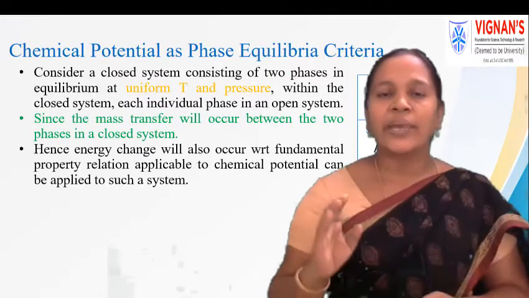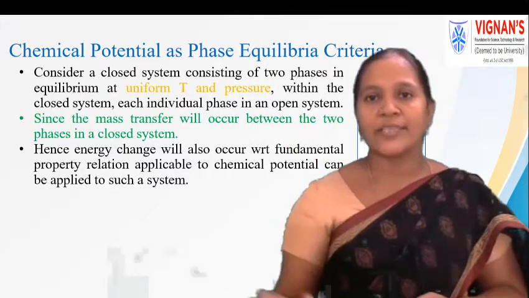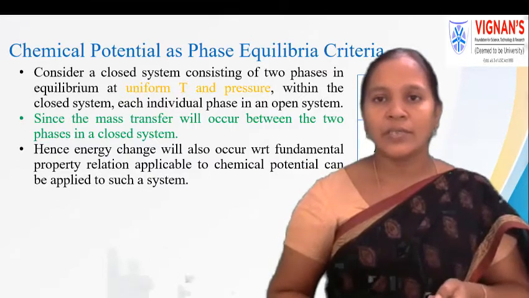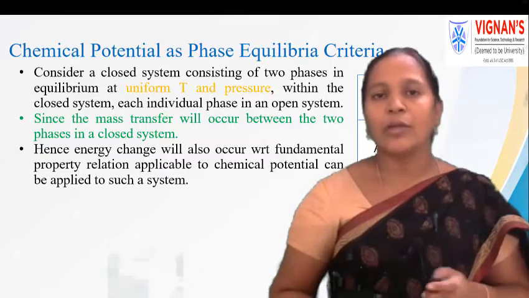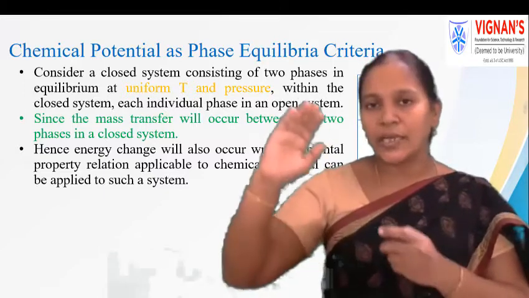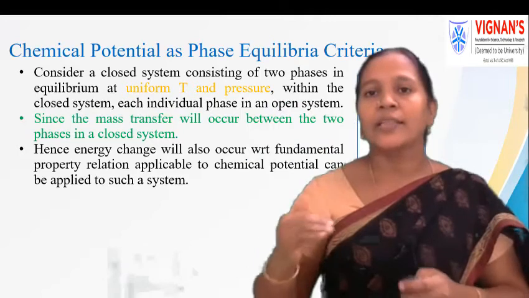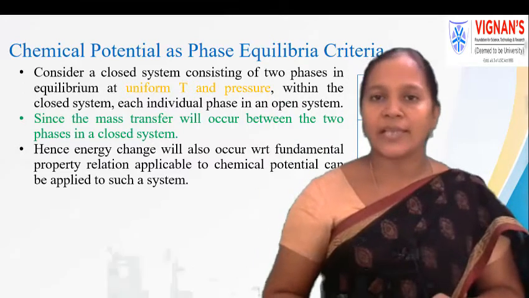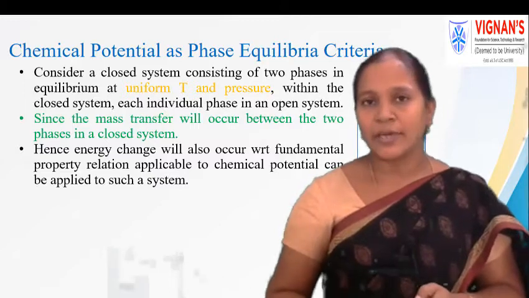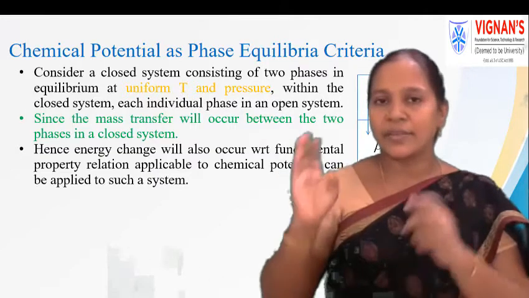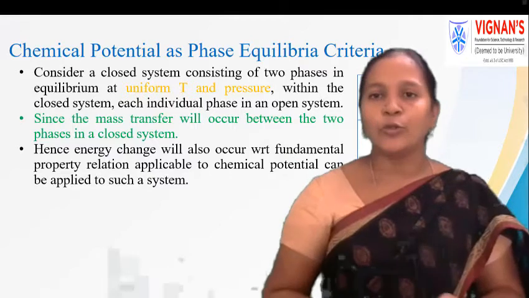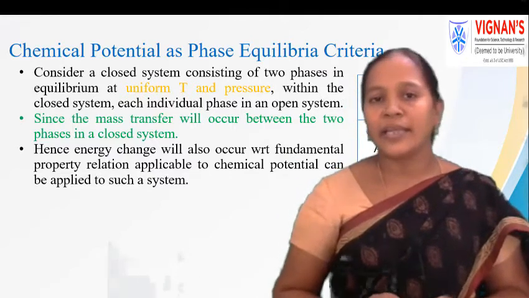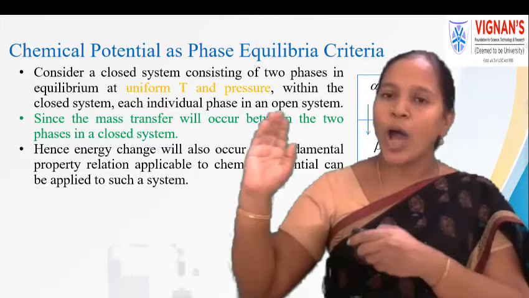Now coming to chemical potential as a criterion for phase equilibrium. Here, consider one closed system consisting of two phases, alpha phase and beta phase. Each phase acts as an open system, since mass transfer will occur between the two phases in the closed system, and the energy change will also occur.